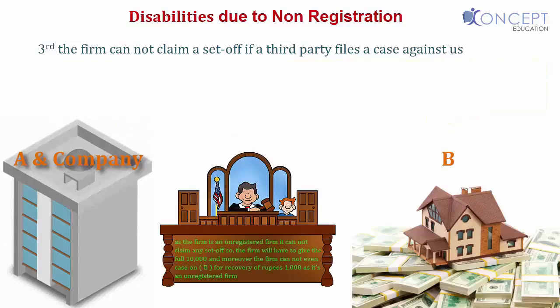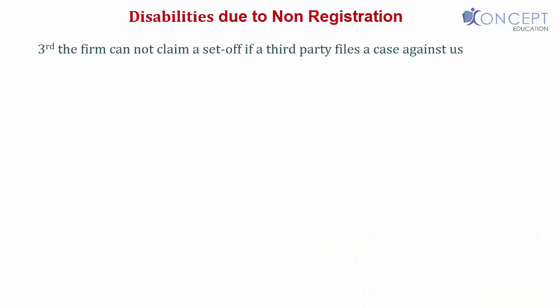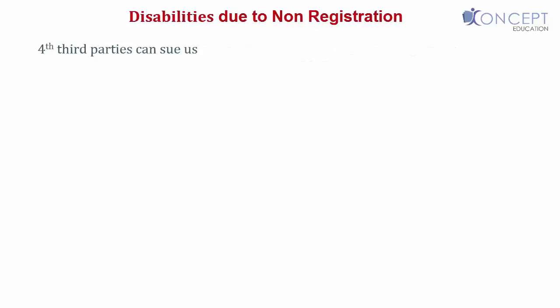No. As the firm is an unregistered firm, it cannot claim any set-off. So the firm will have to give the full 10,000. And moreover, the firm cannot even sue B for recovery of rupees 1,000 as it's an unregistered firm. This brings us to the fourth disability. The fourth disability is third parties can sue us.